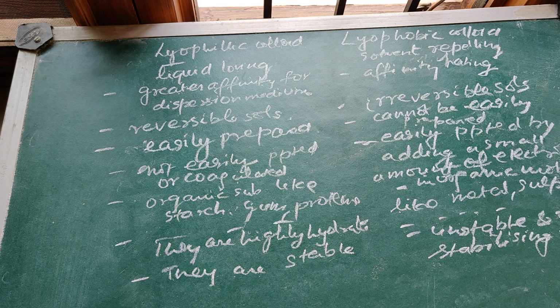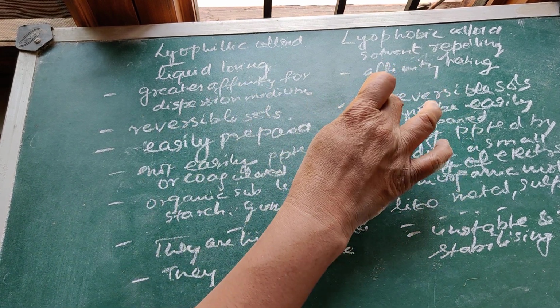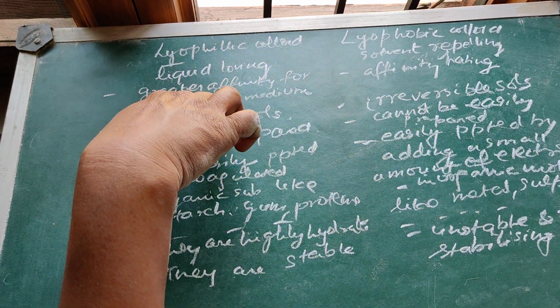So once again, a colloidal solution which has greater affinity for the dispersion medium is called a lyophilic colloid, and the one which does not have affinity towards the liquid or the solvent is called a lyophobic colloid. Reversible, irreversible.